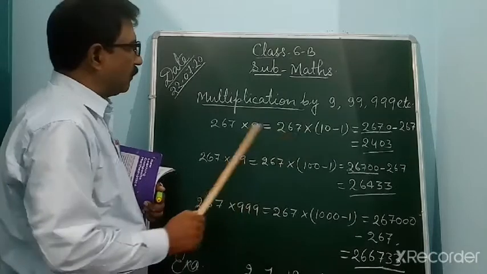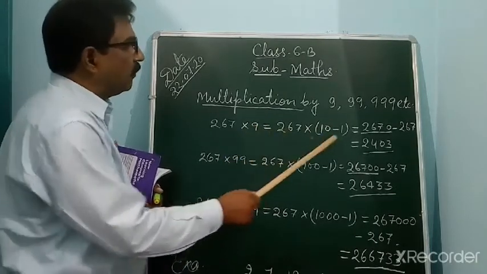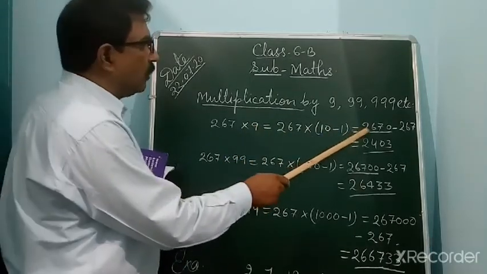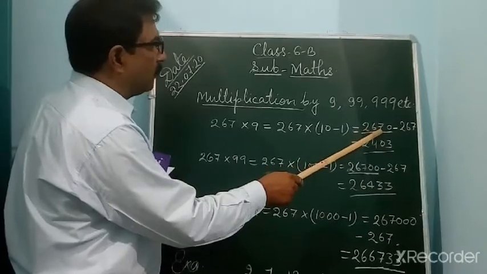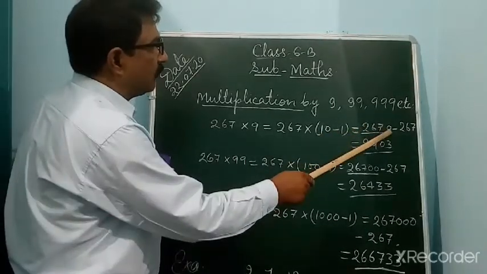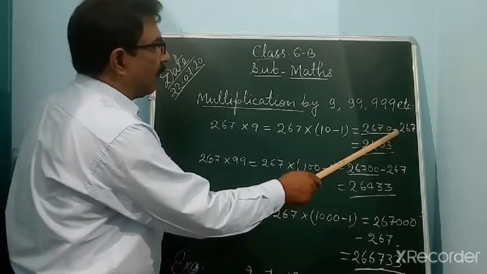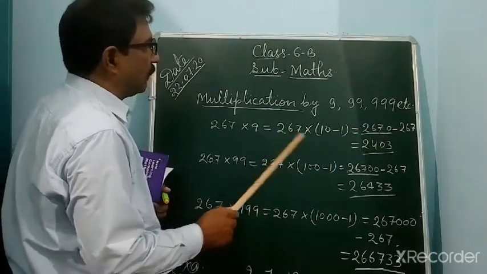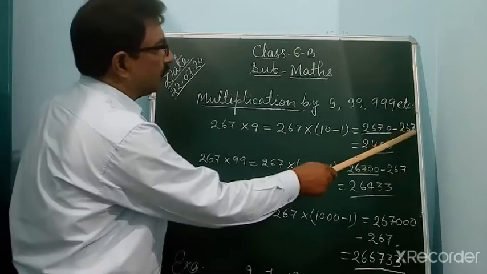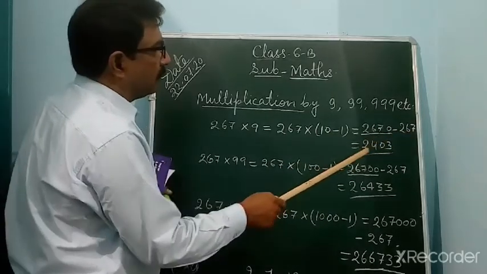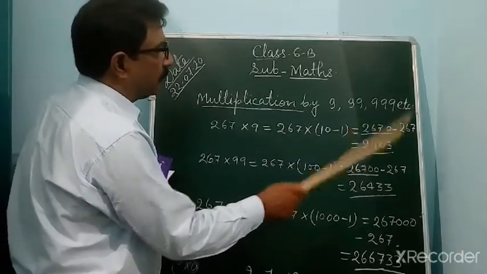So it will be the same value. So next, 267 multiplied by 10, it will come 2670, and minus 267 multiplied by 1, it will come 267. After this subtraction, it will come 2403.